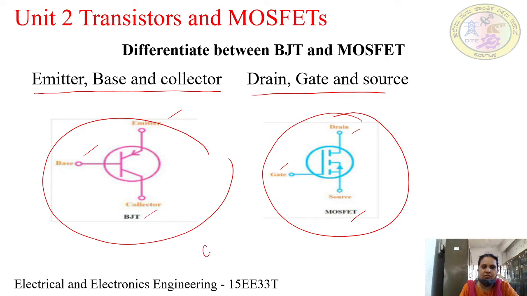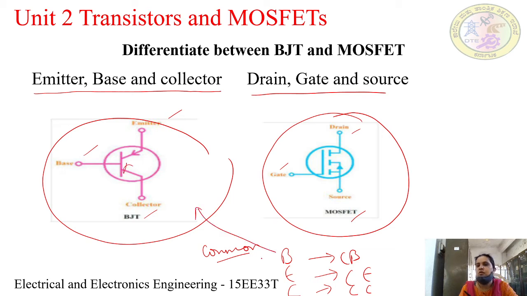Depending on which is common, if I make the base common, it is called the common base configuration. If I make the emitter common, it is called the common emitter configuration. If I make the collector common, it is called the common collector configuration. In case of the BJTs, we have these configurations.